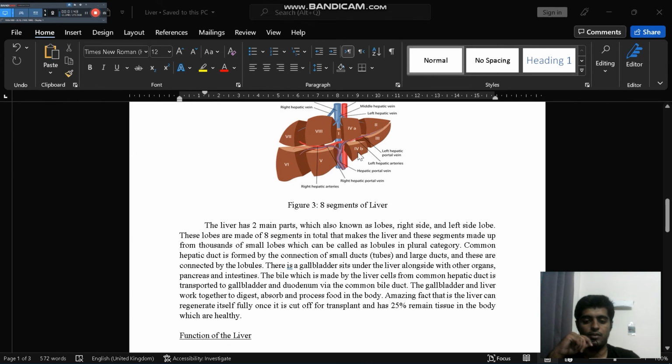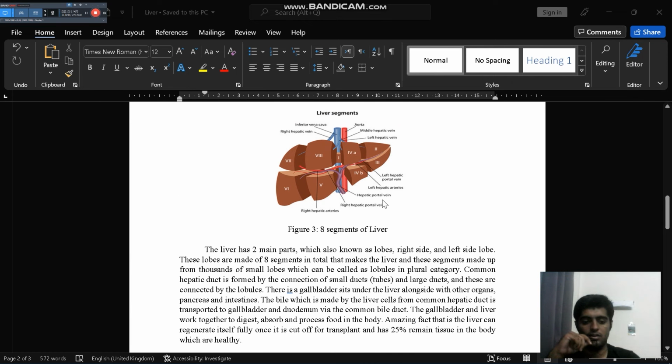For this liver, it has two main parts, as I've told earlier: a right side lobe and a left side lobe, and these lobes are also made of 8 segments. This is 1, 2, 3, there's 4A, 4B, 5, 6, 7, 8, and these segments themselves are made of thousands of small lobes, which are called lobules in the plural.